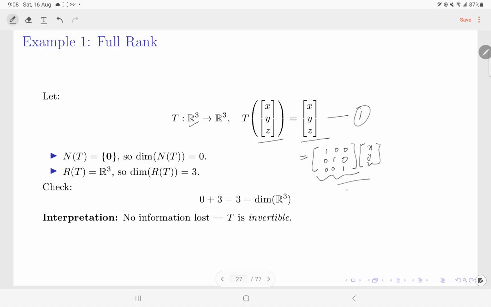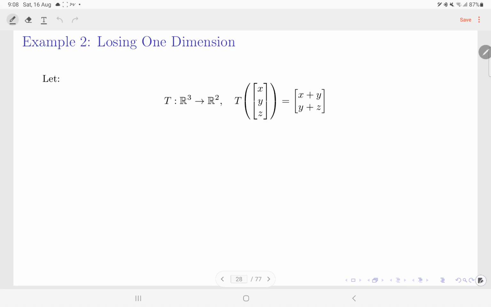What about range? Range will be the complete space W, so the dimension of range will be 3. If you add these two, you get the dimension of V, which is 3. Hence the rank nullity theorem is satisfied. This is the dimension of null of T, this is the dimension of range of T, and this is the dimension of V, which is R3.